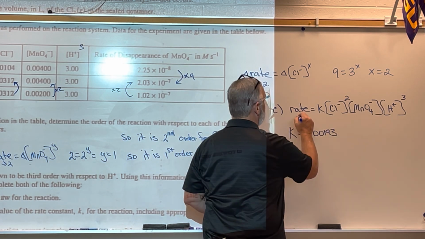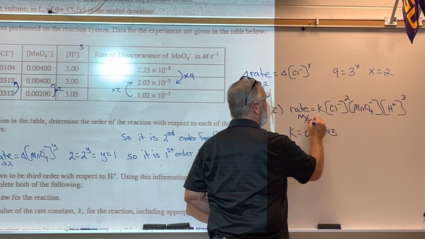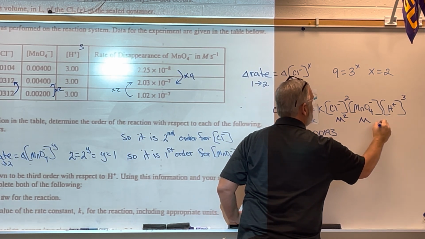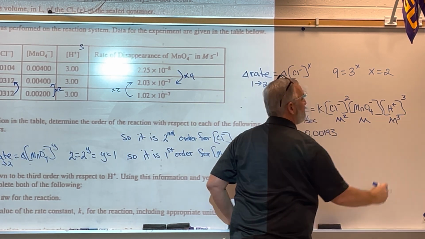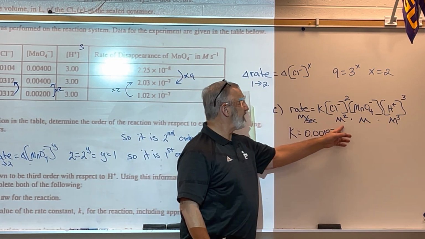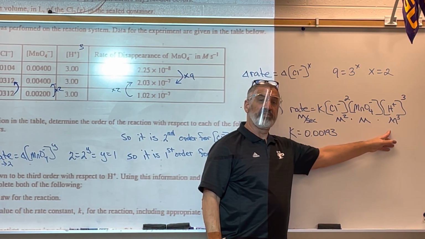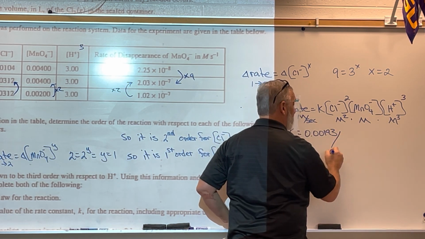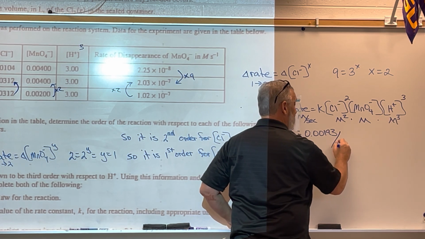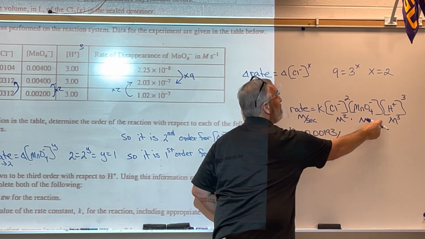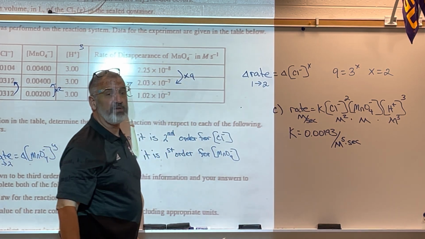So if this is molarity per second, we have molarity squared, molarity cubed. This is going to be molarity to the 6, but one of them is going to cancel out. So it's going to be per what? Molarity to the 5th times seconds. It's always whatever it is total over here minus 1 on the bottom.